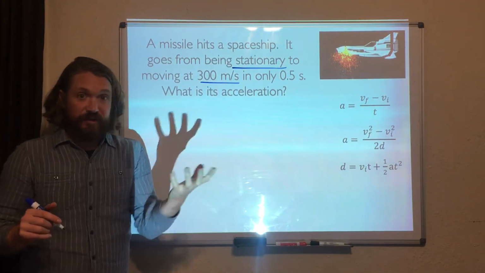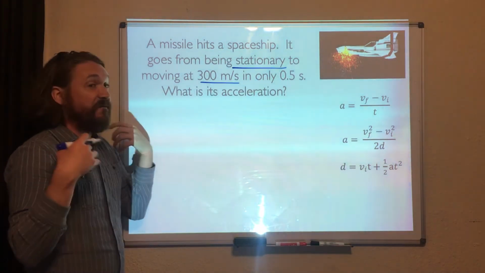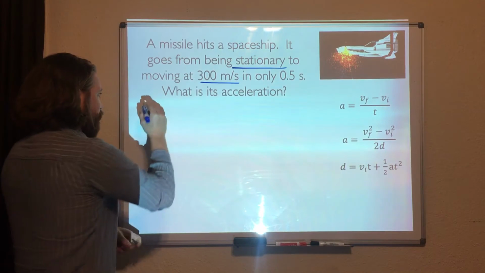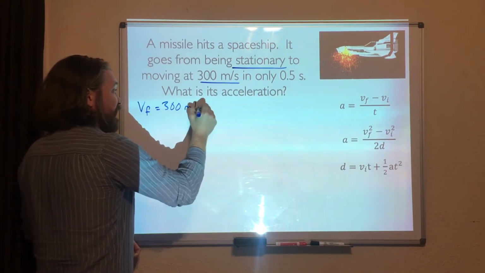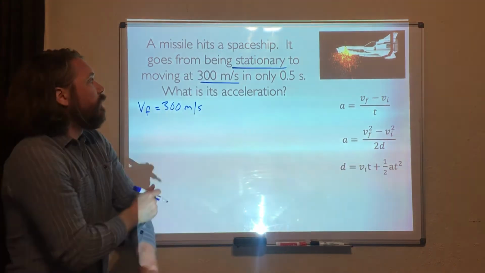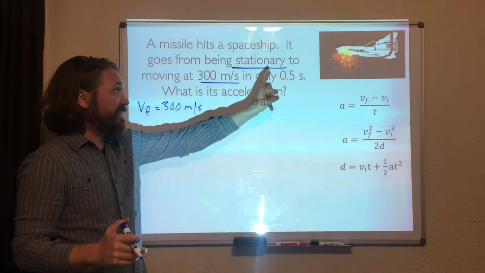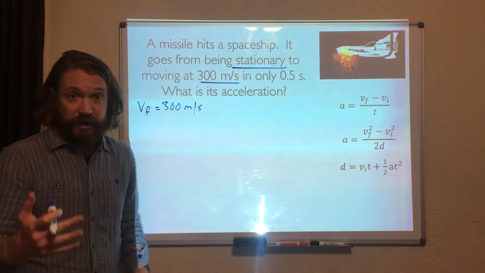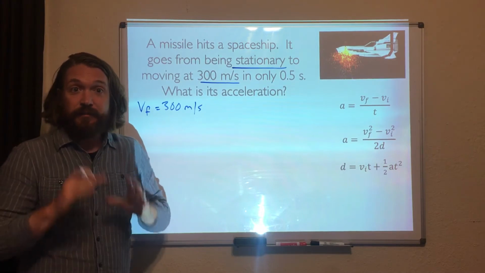Now we have an initial velocity and a final velocity. Well, I know that my final velocity is 300. Why? Because that's the velocity that we end at. I don't see an initial velocity here, but I see this magic word, stationary. You should know that stationary means not moving, okay?